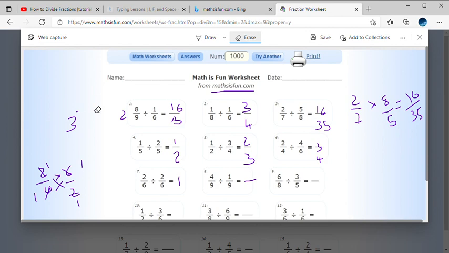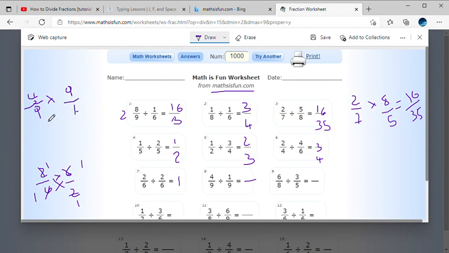Alright, we are at number 8. Number 8 says 4 over 9 being divided by 1 over 9. So we'll have 9 over 1.